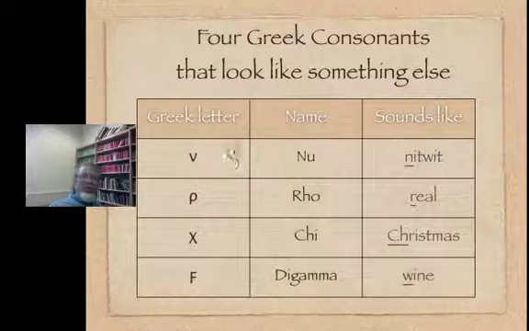So, digamma. Four letters that look like what they aren't. This symbol encodes the sound nh, w.